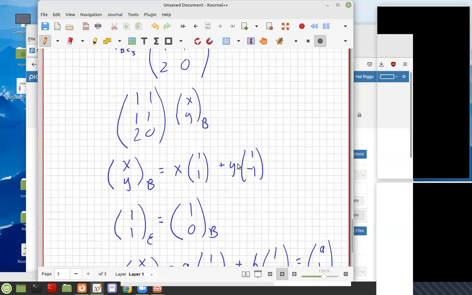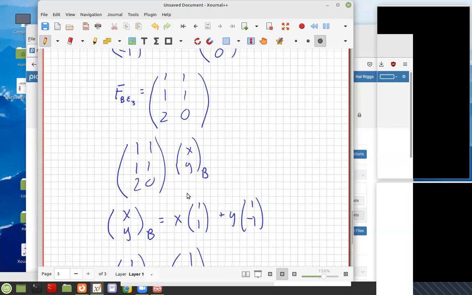But if I just do matrix multiplication in basis B, then I can just do the matrix multiplication, and I'm going to get x plus y, and then x plus y, and then 2x.